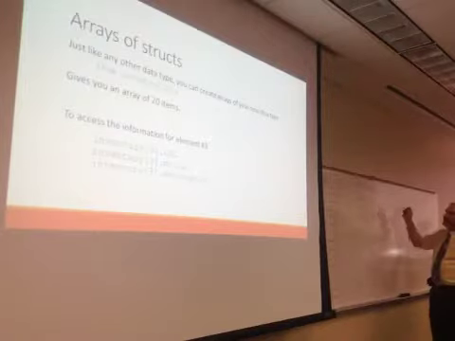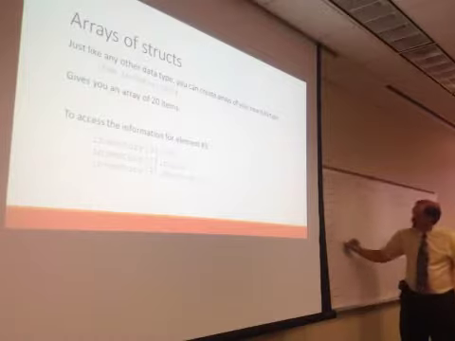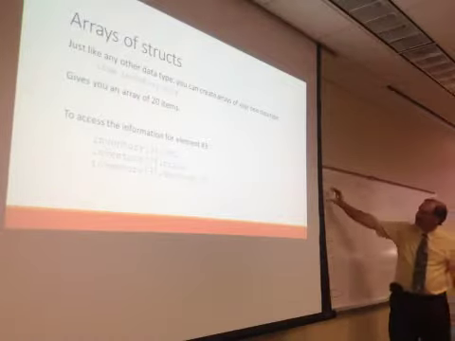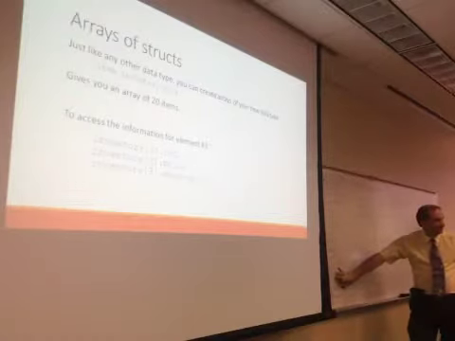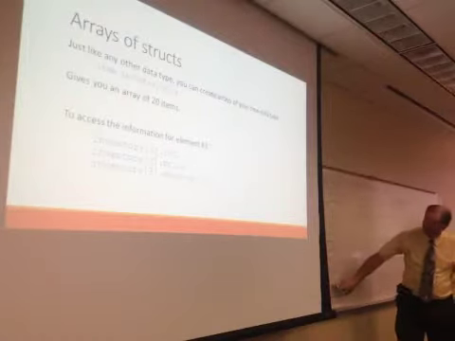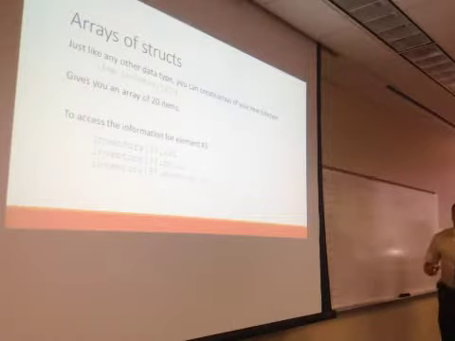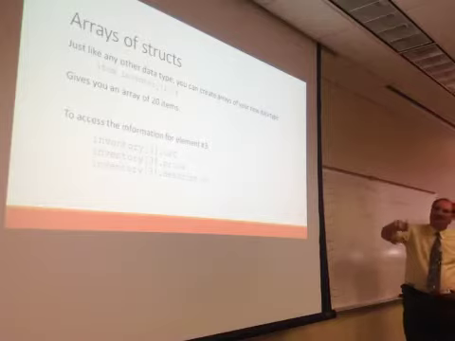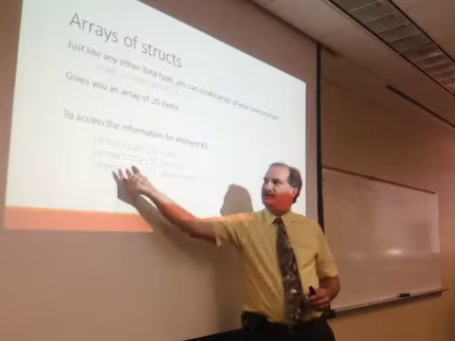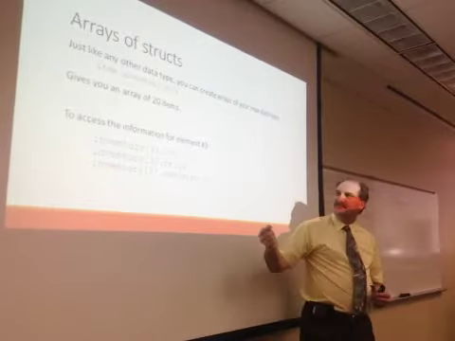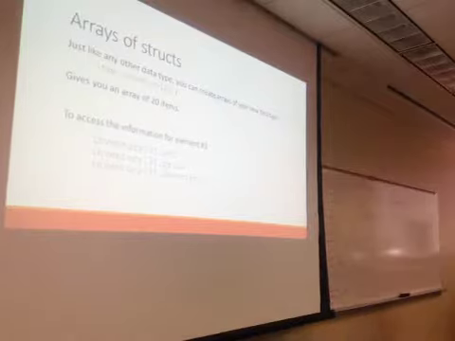And so you want to access either 0, 1, 2, 3 of inventory, get down to him, and then get to his price, or get to his UPC. So you got to figure out which one first. So that part goes with him. And then access the individual member of that element's information.